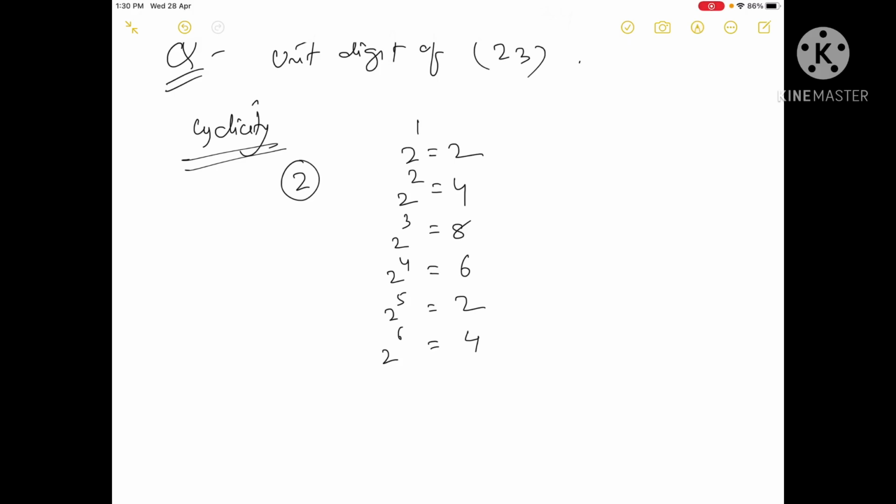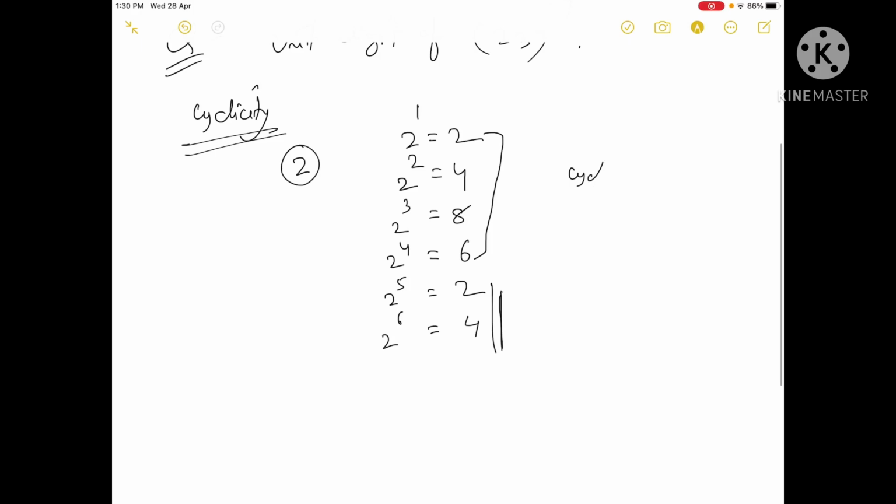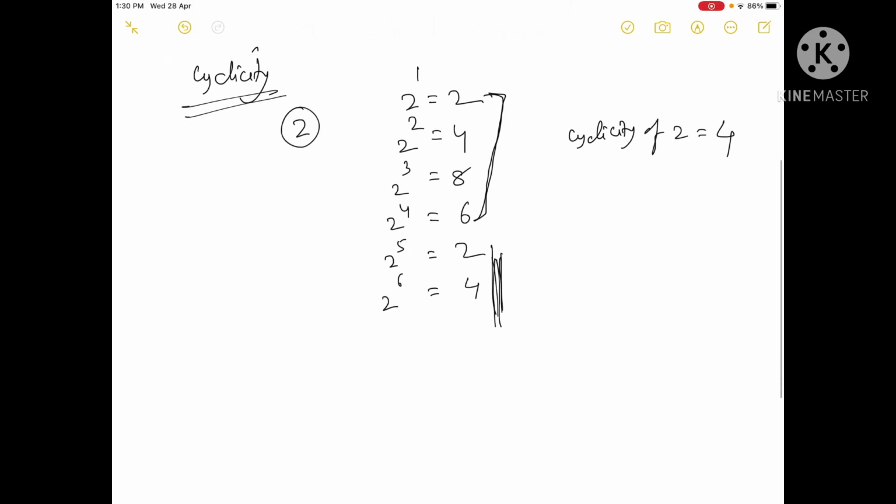So what we observe here is that after 4 steps, the unit digit repeats. That means the cyclicity of 2 is equal to 4.